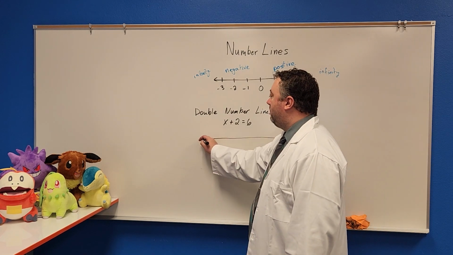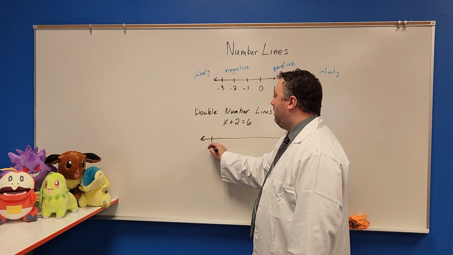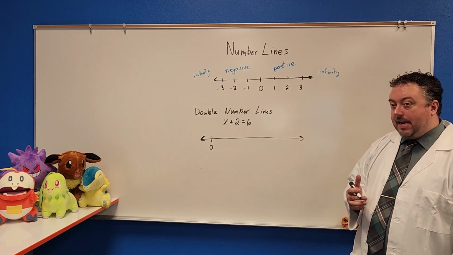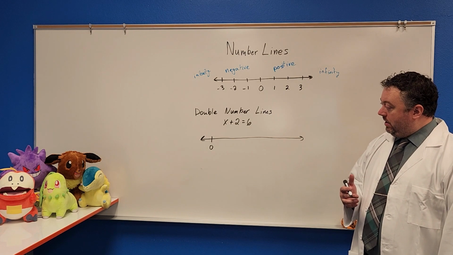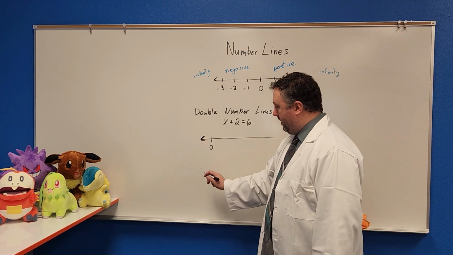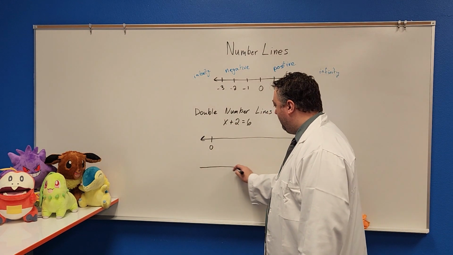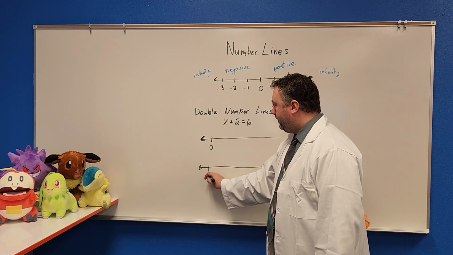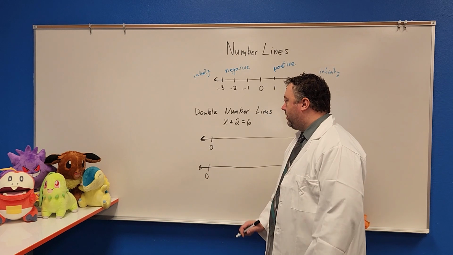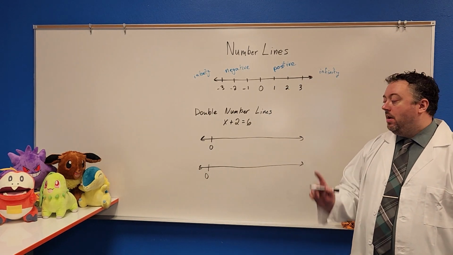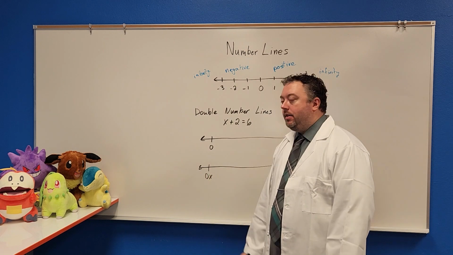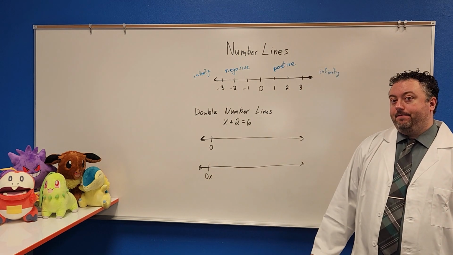On this first number line, I'm going to come over here. I'm going to put 0 to the left. I don't need to worry so much about the negative side of the number line at this point. And I'm going to put a second number line underneath it. And this is also going to be 0, but it's actually going to be 0x.